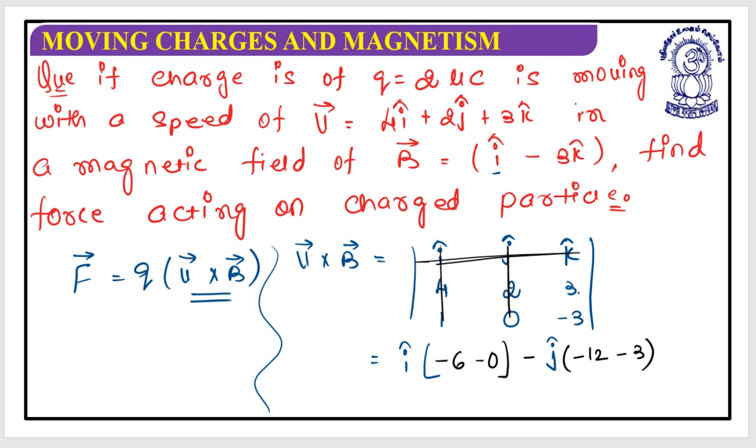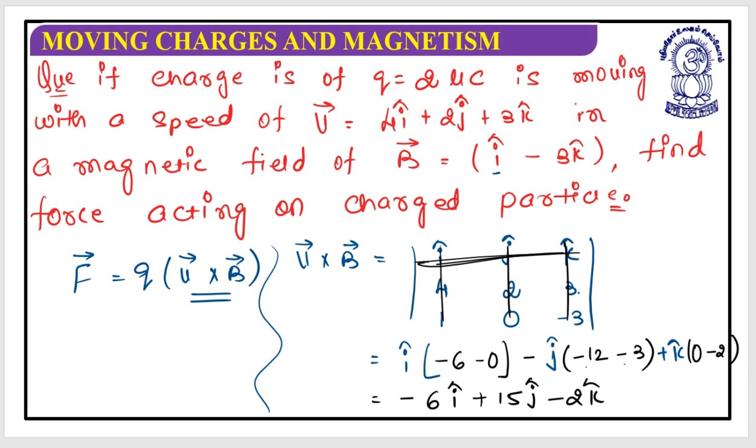Now plus k cap. When I write the k cap, I need to forget these things. So it's 4 into 0, which is 0, minus 1 into 2, which is minus 2. So this equals minus 6i, minus 12 minus 3, which is minus 15, minus times minus, it's plus 15 j cap, minus 2k cap.